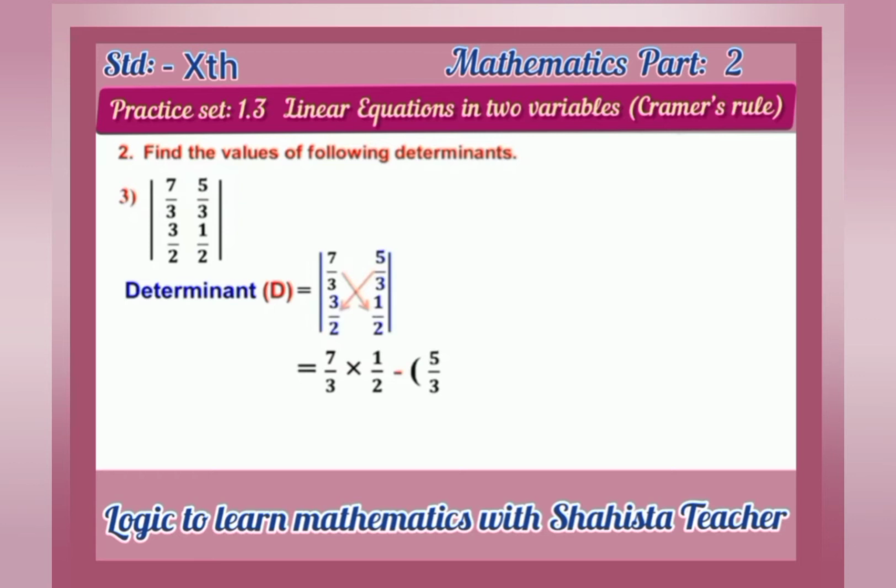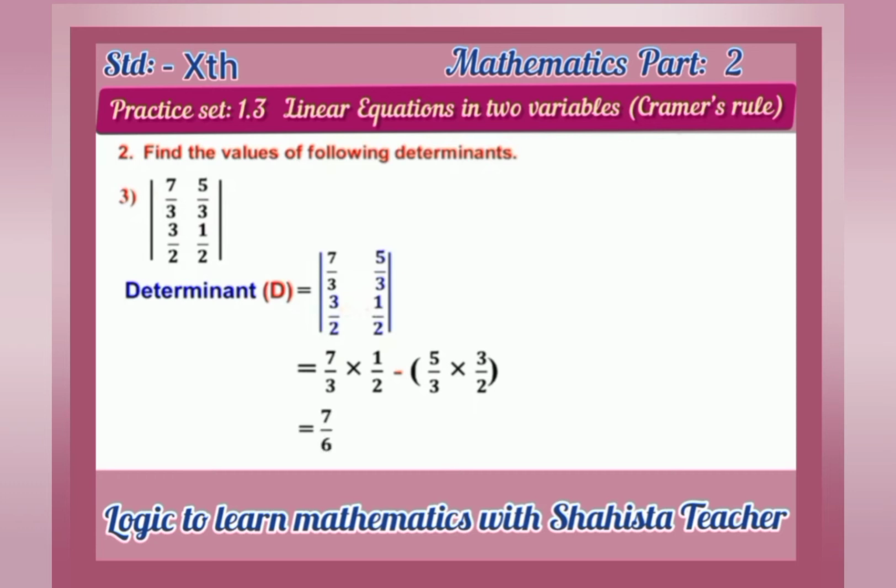So we will write here 7 upon 3 multiplied by 1 upon 2, minus 5 upon 3 multiplied by 3 upon 2, cross multiplication. This is the calculation we have to do when we are finding the determinant. After this we have to make a common LCM denominator.